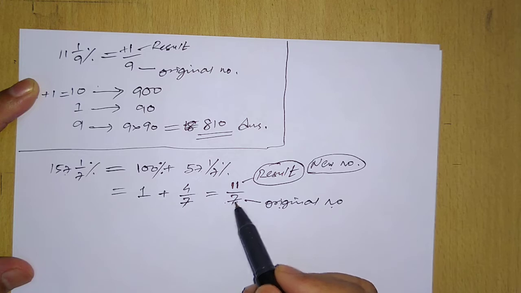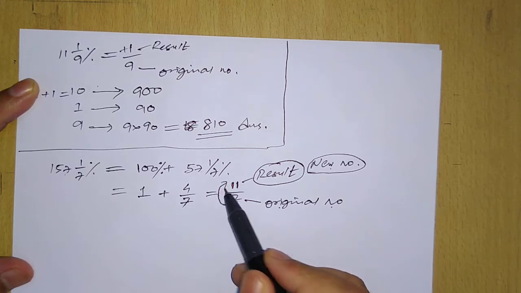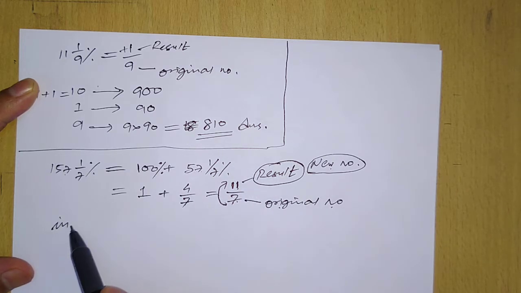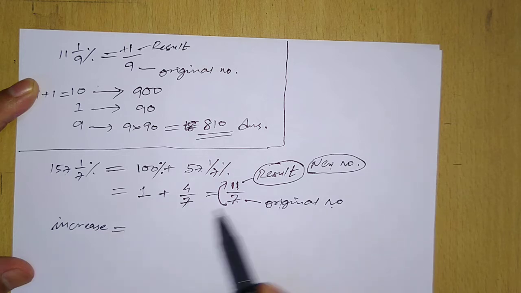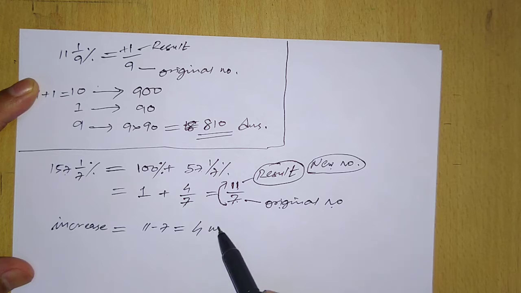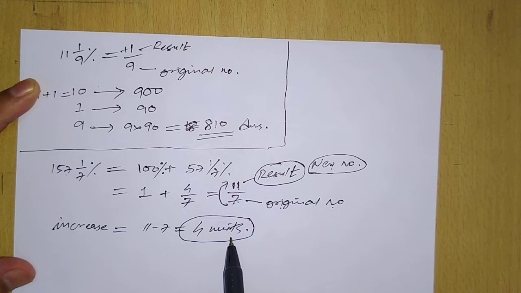Now this original number has been increased by how many units? Original was 7, but now it's 11. So the increase is 11 minus 7, which is equal to 4 units. And why were these 4 units increased? Because 64 is added.